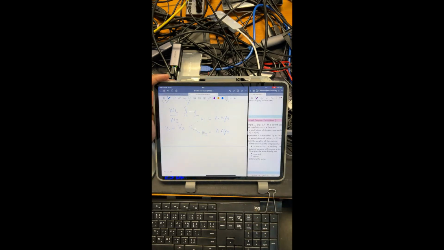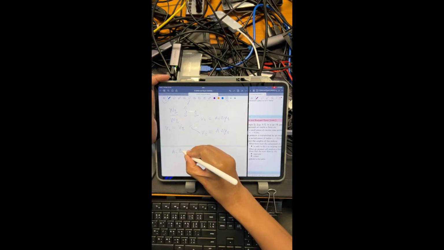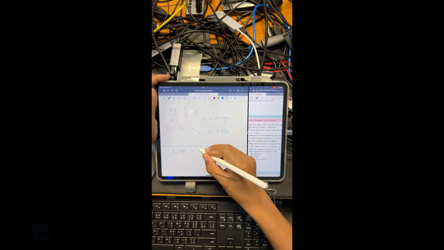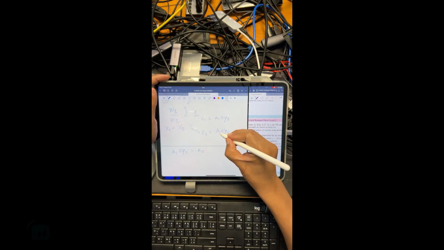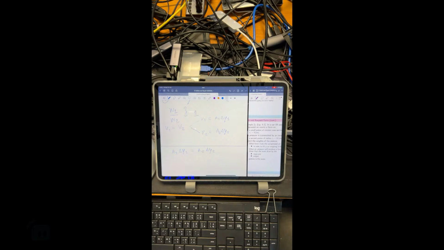And now it's time to substitute this volume into this expression. We get A1 delta Y1 equals A2 delta Y2 here. All right, and let's move something to the same side, right?